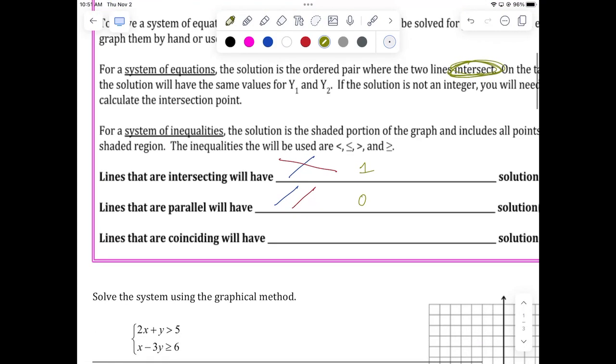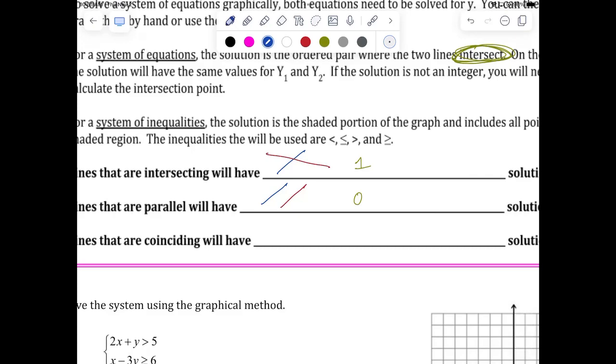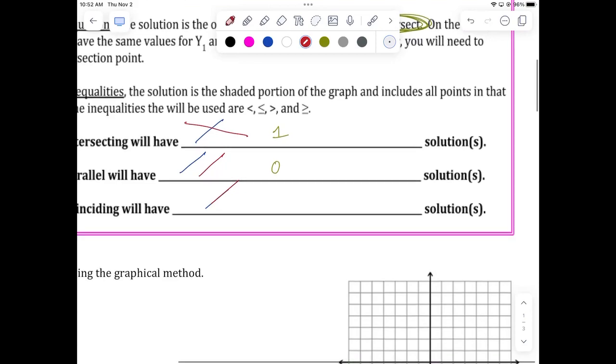Okay, now two lines that coincide with each other. What does coincide mean? It means that the first one looks like that, and the second one looks like that as well. That means there are infinitely many solutions. They literally are lying right on top of each other, hiding each other. So in this case, you're going to have infinitely many solutions.